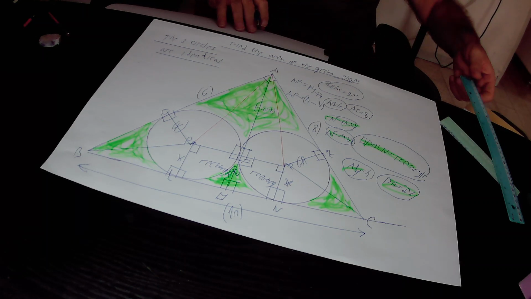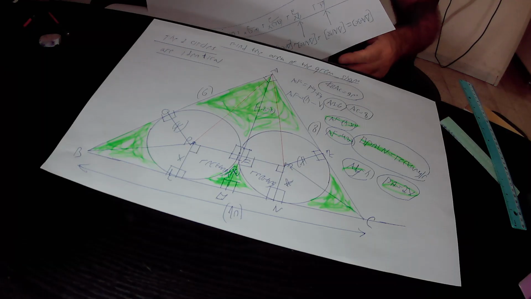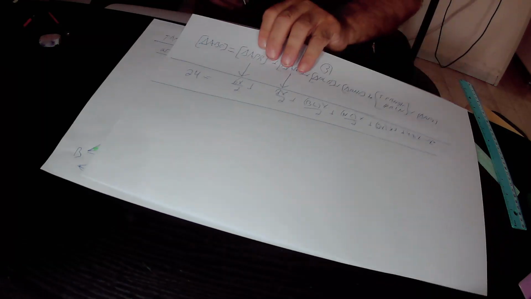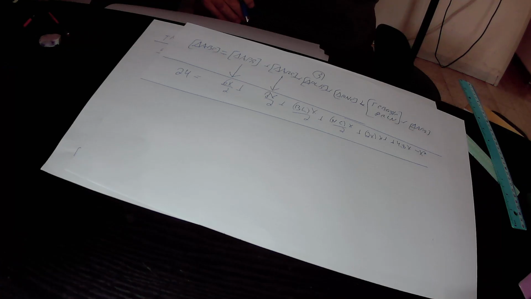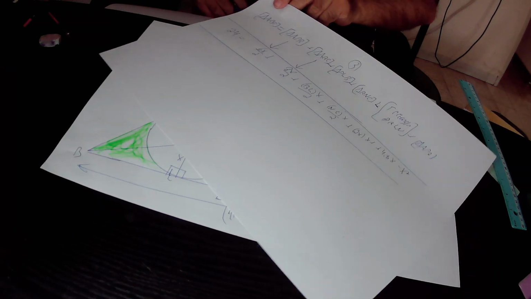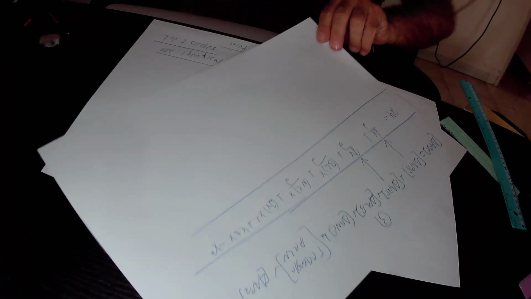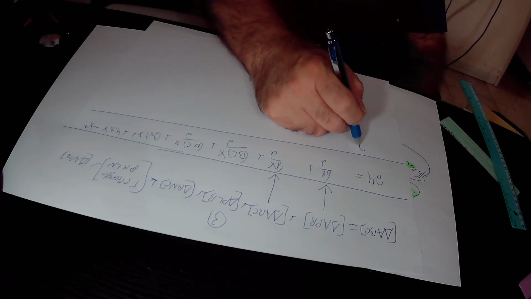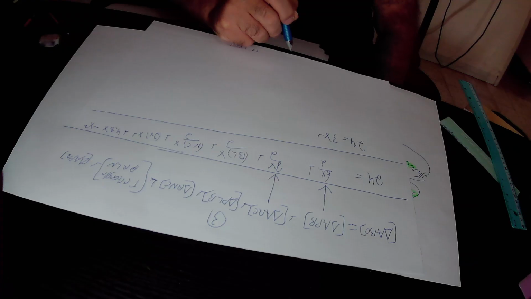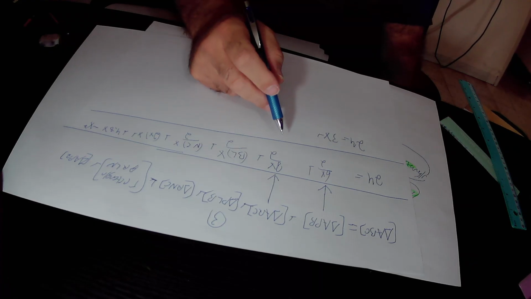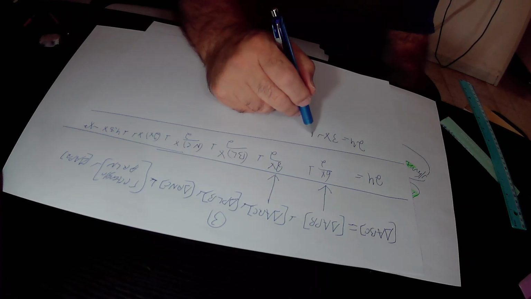So in total, this big triangle ABC equals 24 and equals this long expression. 6x over 2 is 3x. 24 equals 3x, plus 8x over 2 is 4x.